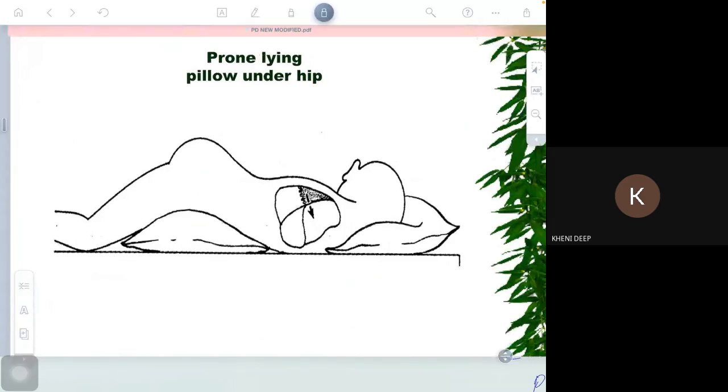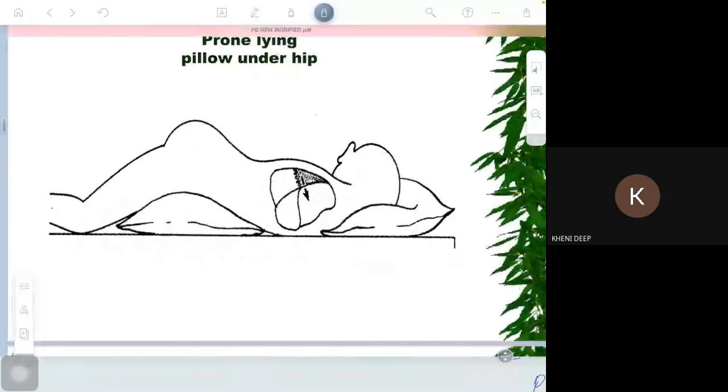So you will perform the shaking mobilization when you hear the whistling sound. If you are performing shaking when you are not hearing the whistling sound, it means you are performing shaking during the inspiratory phase and it will move further towards the periphery. Are you clear?